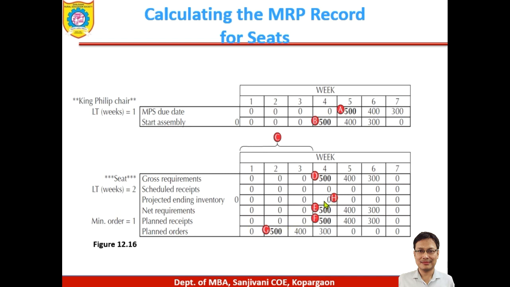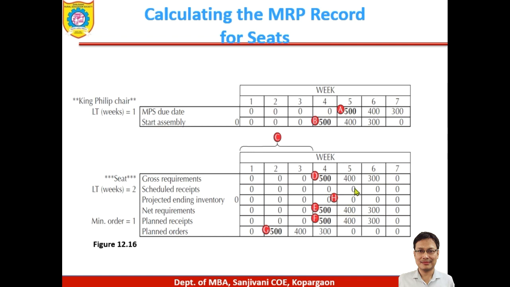Since there is no ending inventory in the previous week, the gross requirement becomes the net requirement of 500 units. So we want to receive 500 units as a planned receipt on week number 4. That's why we have to plan it 2 weeks before, and in the planned receipt we have 500 units. The order is planned on week number 2, shown by G.